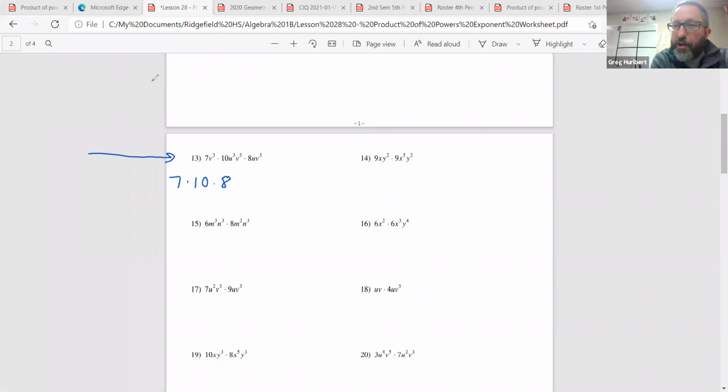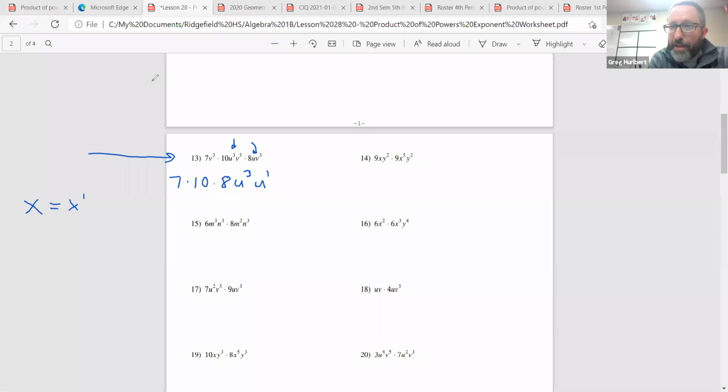Now let's get all the u variables. We'll go alphabetical, so u comes first. The first u variable I see right here is u to the third. And then there's one other u variable right there, which is u, and it doesn't have a power. That means there's a 1 up there. Because if you have an x, that's the same as x to the 1.